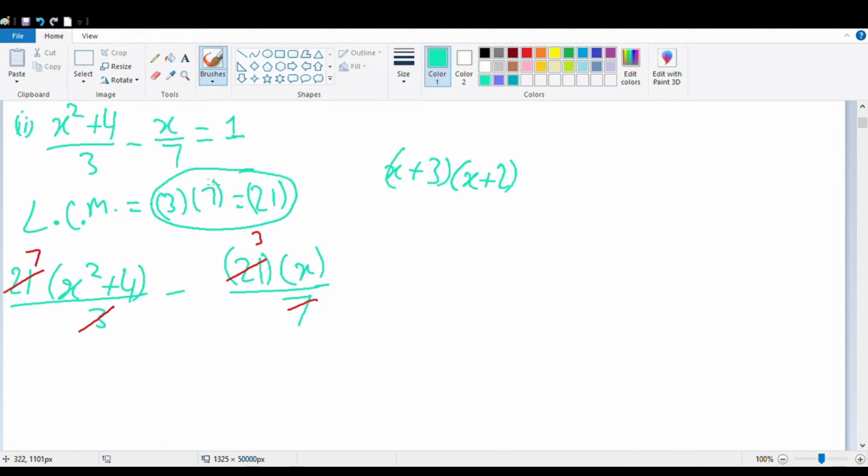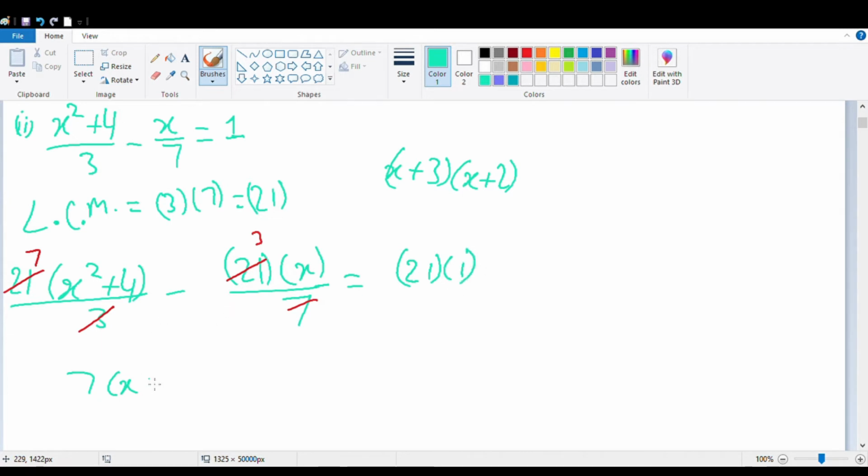It's better to just leave them alone, because it's just extra work. Anyway, we get 7 into x, is equal to 21 multiplied by 1.